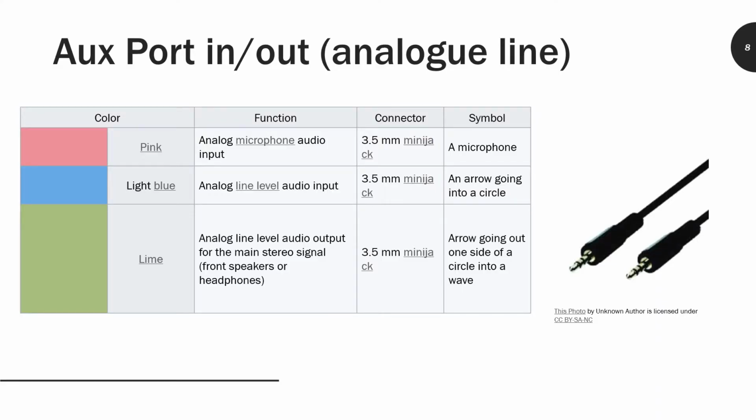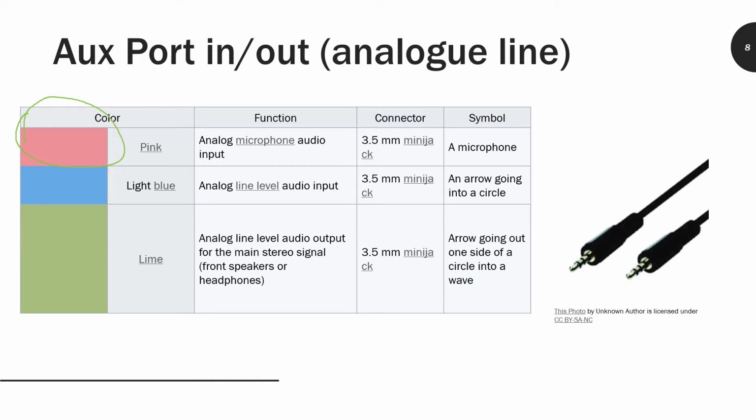And last but not least, actually it's not last, but definitely not least, it's the auxiliary port. So pretty much all your audio needs, probably going to be your desktop, because laptops nowadays just have one audio port and that's just for headphones if you're lucky. I'm looking at Apple. So colors, let's go over colors. So the pink color is going to be for your microphone.